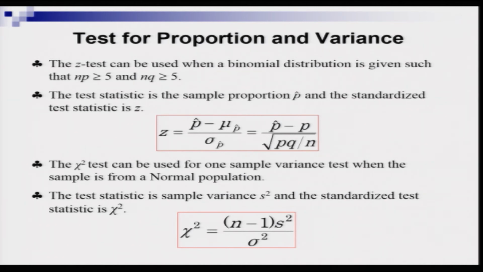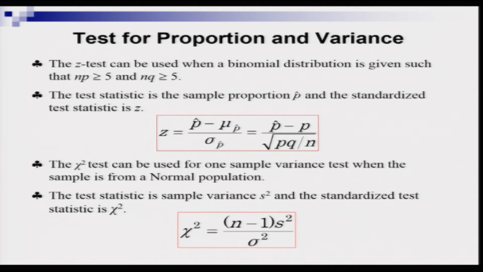Here the test statistic is basically the sample proportion p hat, which is x divided by n. I have had a discussion regarding this in the previous lectures, I do not want to repeat. And the standardized test statistic Z is now going to look very different, although it is the difference between the sample mean and the population mean divided by the standard deviation, but now everything is being expressed in terms of the proportion.